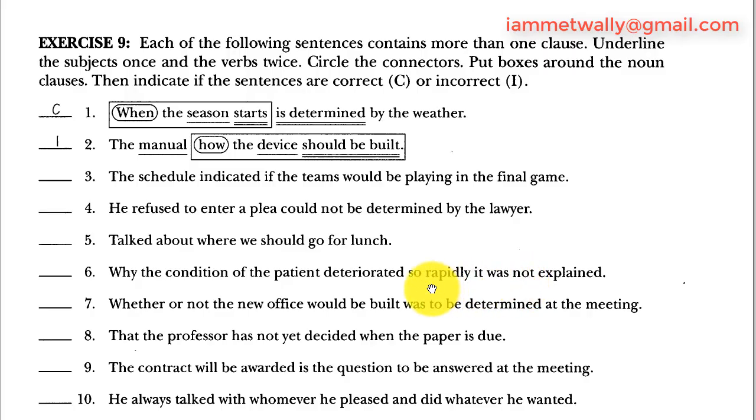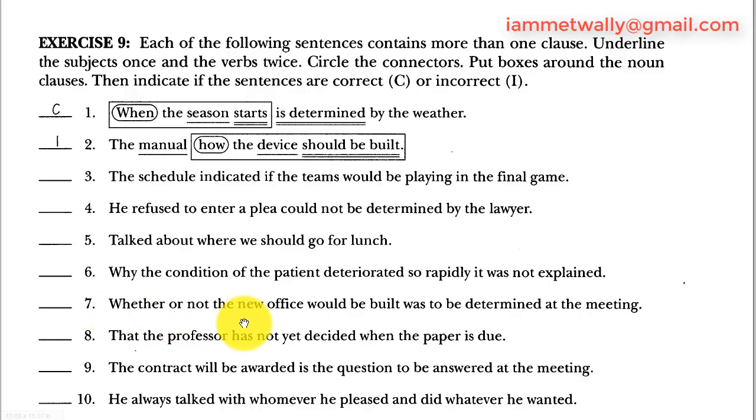Because if I say here why, connector, the condition of the patient deteriorated, all this is the subject of the verb was. So I don't have to add it because it's an extra subject for the verb was. I can't have two subjects for one verb, so it doesn't work. So this sentence is incorrect. So I should remove it.